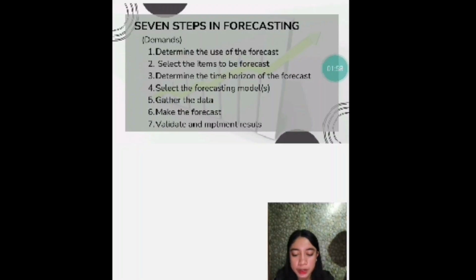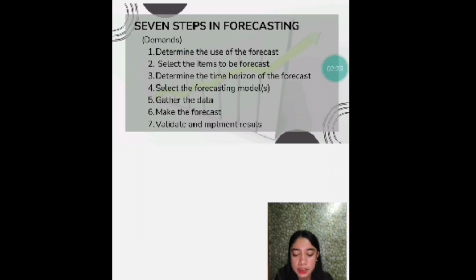And make sure this data is clean and reliable. The sixth one is to make the forecast, or run the numbers through the chosen model to get the final prediction. For example, this is the step where you calculate: based on the data and method, we predict we will sell 10,000 units next quarter.